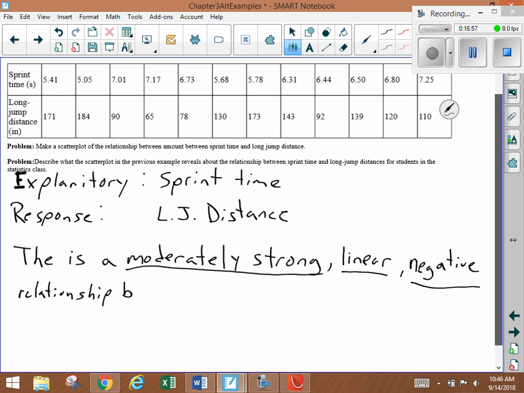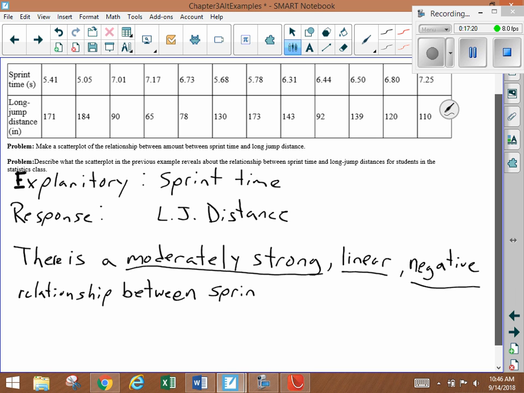Let's see. There is a moderately strong linear negative relationship between sprint time.